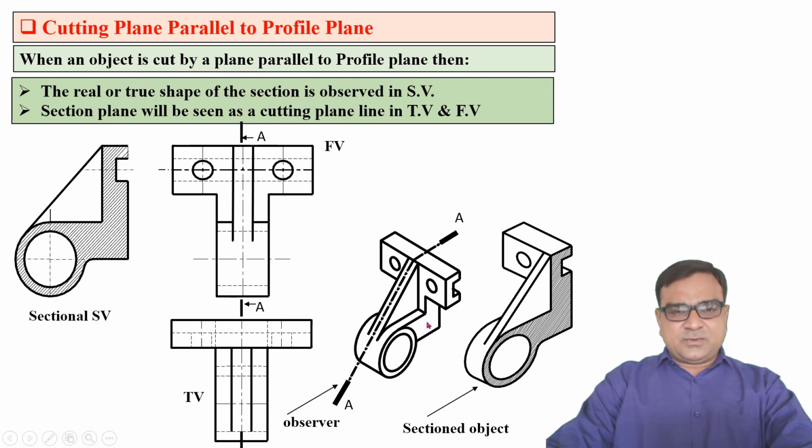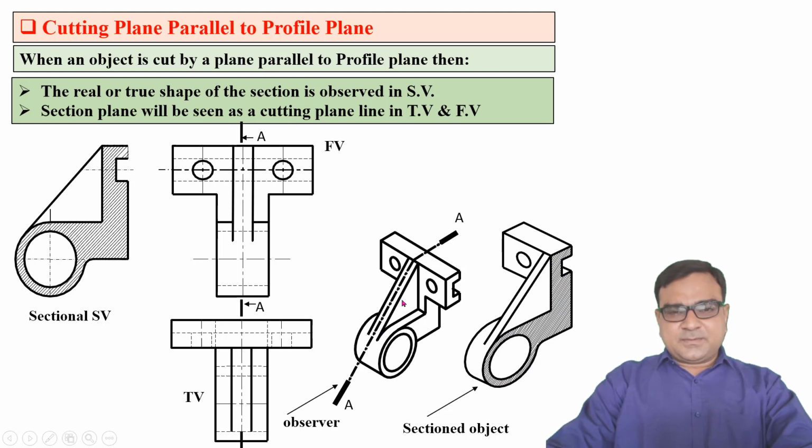For that we have to remove the half portion on the observer side, and this is the back portion. So we have to draw the side view of this portion. Now here the cutting plane is passing through this part, which is highlighted by section lines.